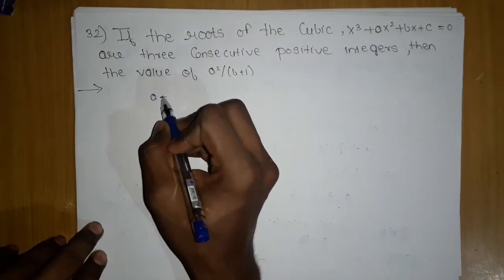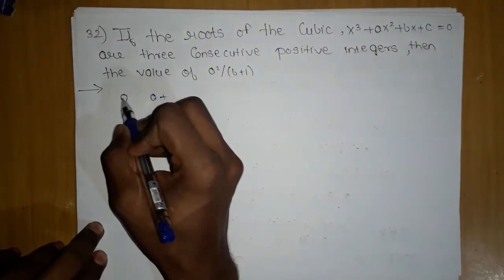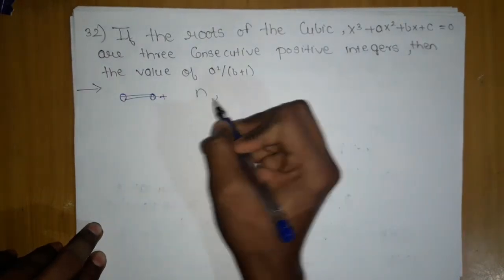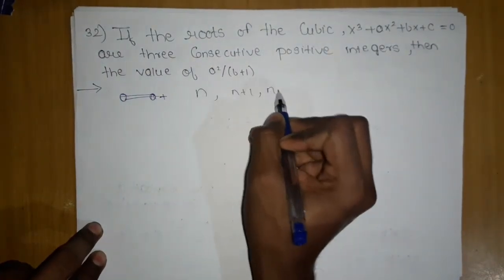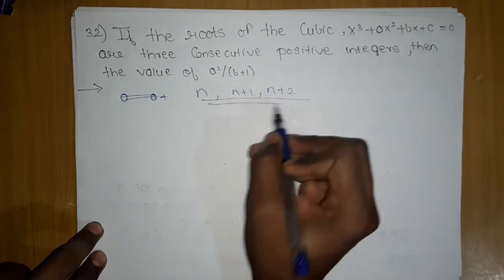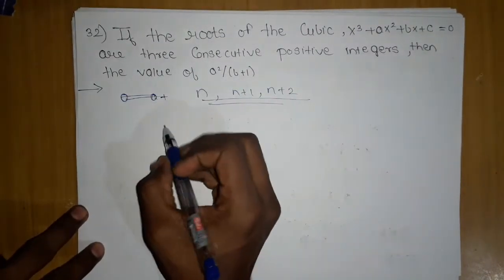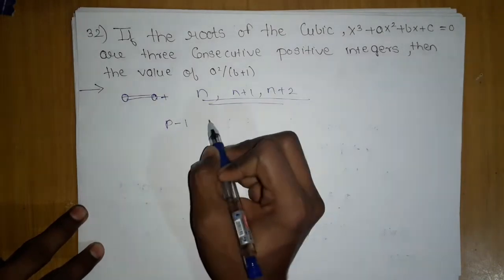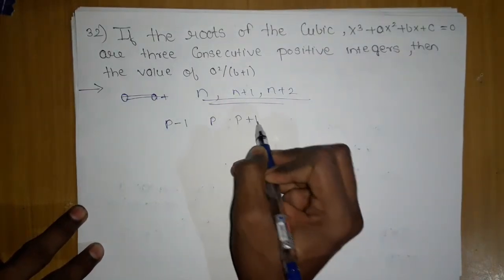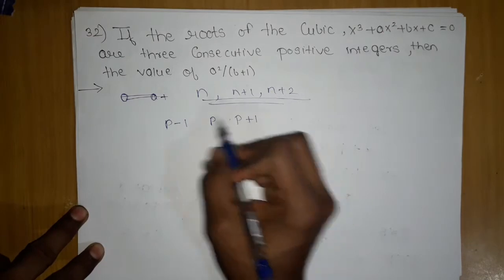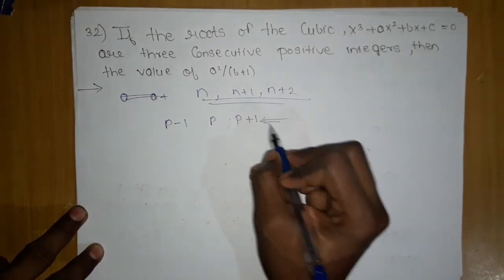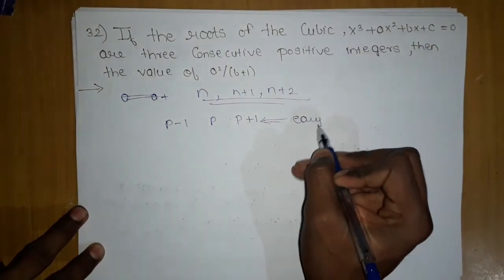You can consider n, n plus 1, n plus 2, or you can consider p minus 1, p and p plus 1. Although you can see this will be easier.